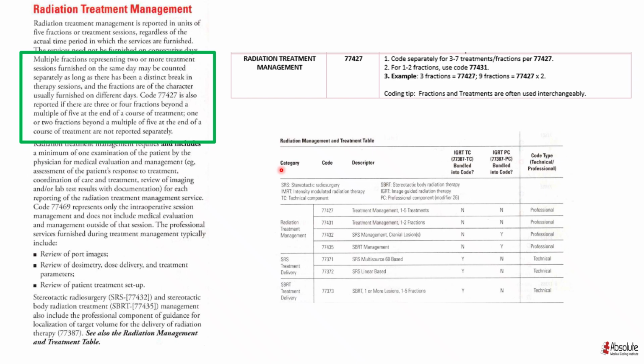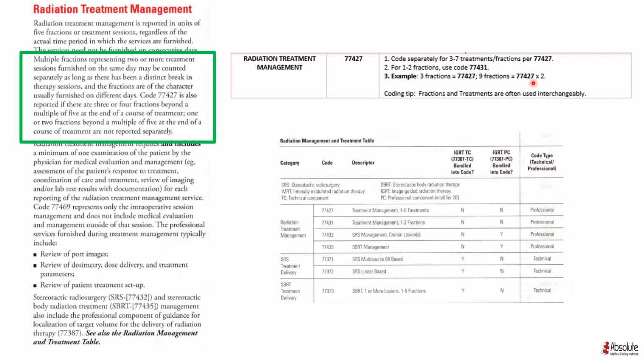So essentially, all it's saying is code separately 3 to 7 treatments, 77427. For 1 to 2 treatments, use 77431. And then we give you a little example. If you got 3 treatments, 77427. 9 treatments, 77427 times 2.